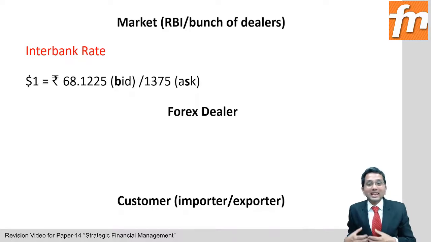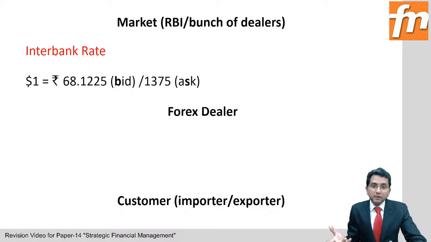Those who are only selling are the sellers. Those who are only buying are the buyers. Those who are ready to buy as well as ready to sell the same stuff from the same shop, from the same set of people, are called market makers. So suppose State Bank of India, a very big bank in India, or Reserve Bank of India itself is the market maker. What does it mean?